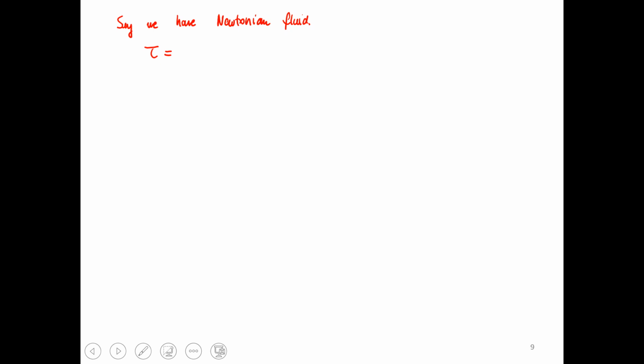Now, I also wonder what would be, for Newtonian fluid, say we have a Newtonian fluid of constant density. Can anybody tell me what shear stress is in that case?